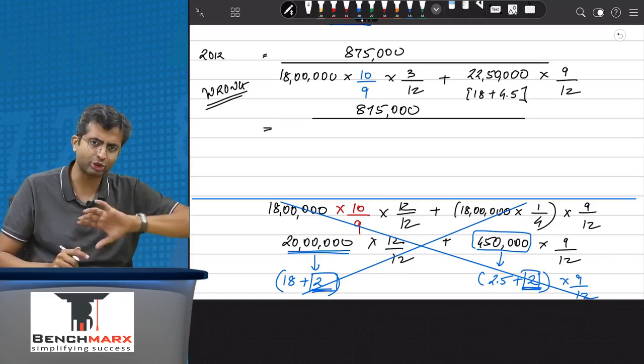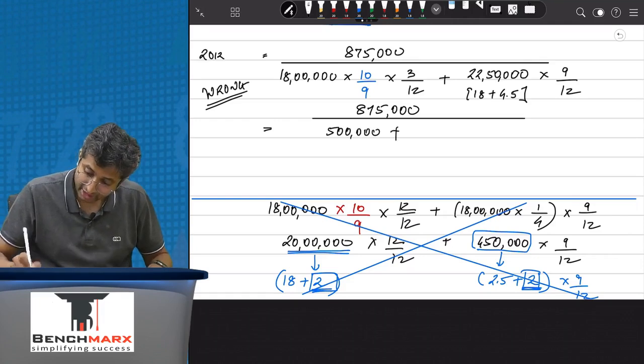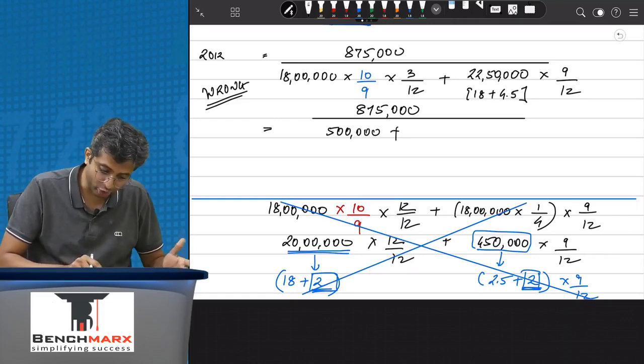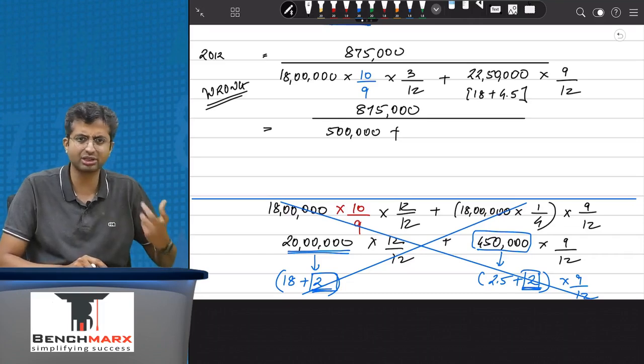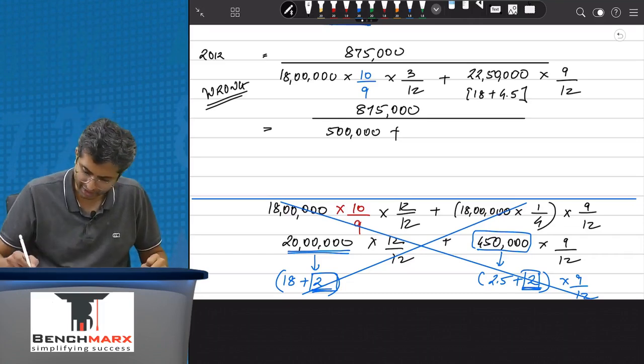So the bonus shares are included for the first 3 months. So this is 5 lakhs over here, and then 22 lakh 50 already includes 4 lakh 50, within which 2 lakhs is already there, into 9 by 12. Sir, we are fully confused. Expected.